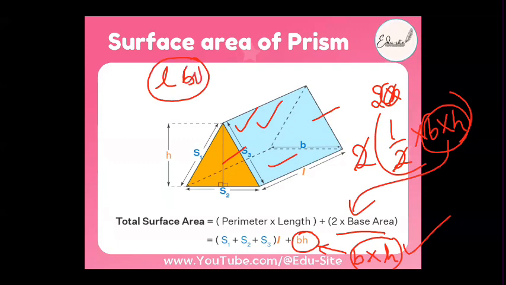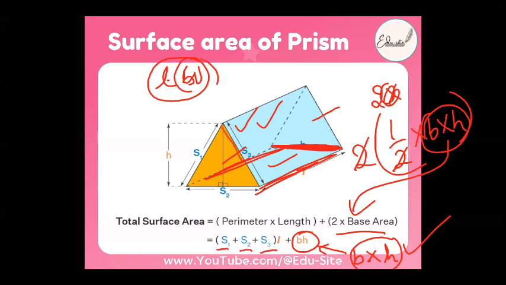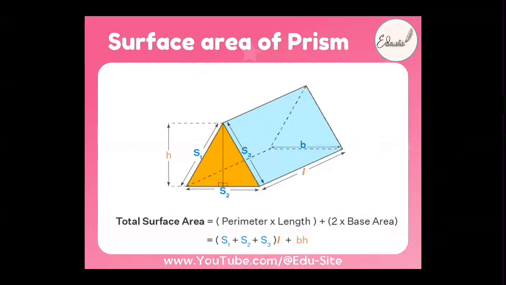We have the same length for all of them, so we write one length and the width will change. So instead of that, we write S1 plus S2 plus S3, instead of the perimeter. Is it fine?